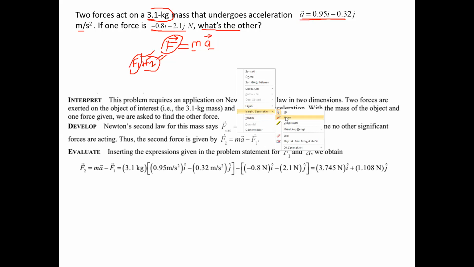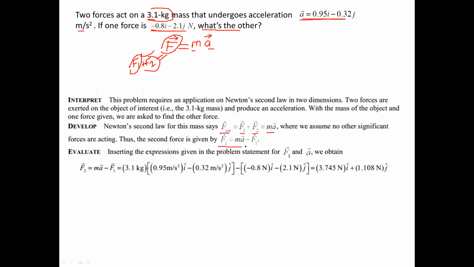So let's go to the solution. As I write here, F net will be equal to F1 plus F2, two forces, equal to ma from Newton's second law. If you rearrange this equation for F2, because you want to find F2, F2 will be equal to ma minus F1, right? After that, you put the numbers in. F2 equals ma minus F1.